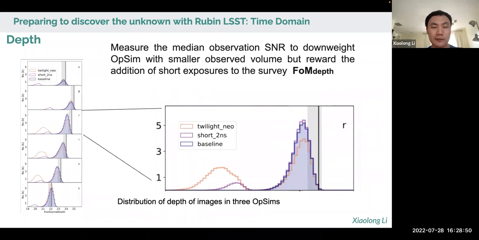And we also weight our metrics by the volume explored by the Rubin. This is by taking into consideration the depth, footprint, and the star density.